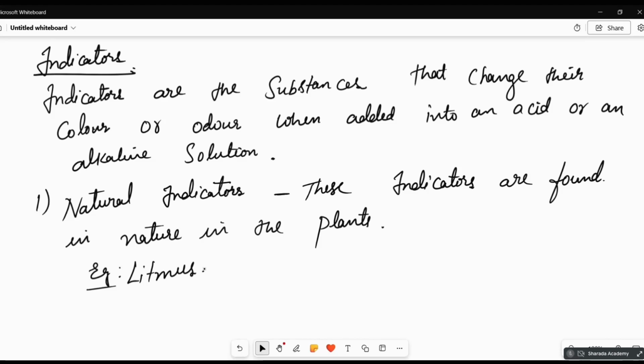But if you put a base, that smell will be lost. Even with the onion, the same way. So we can say olfactory indicators are where we know by the change in the odor. Okay, write down now.